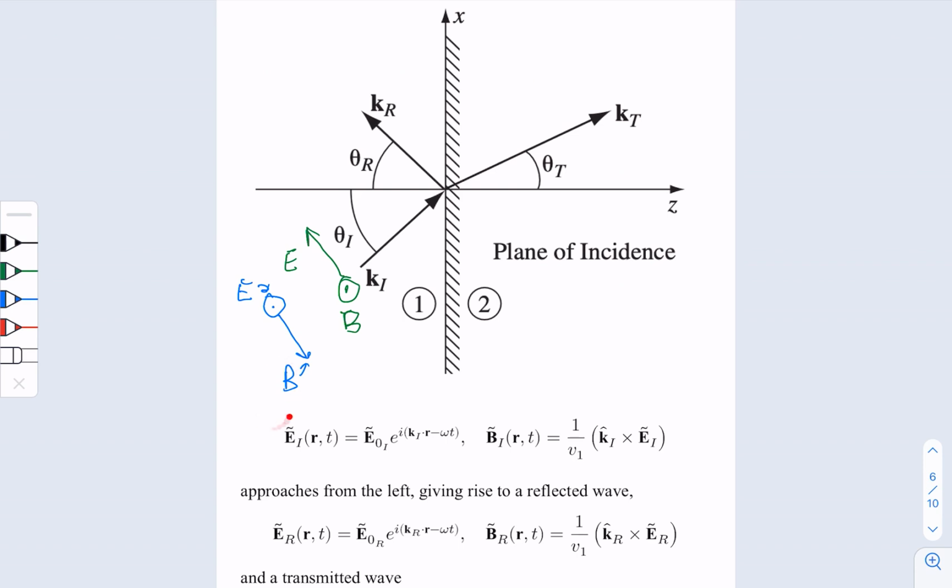But for the B field, it not only has a parallel component, which is the component over here, it also has an additional perpendicular component. So the boundary conditions for the B field here is slightly more complicated than the E field. And similarly, for the case over here, the boundary condition for the E field is slightly more complicated than the boundary condition for the B field. So we have to discuss these two cases separately.